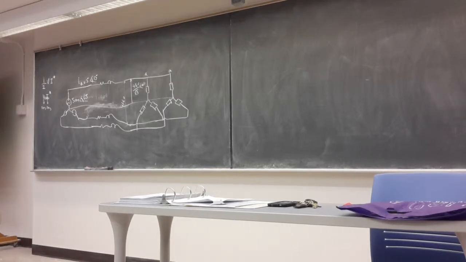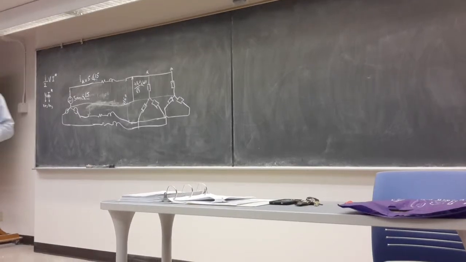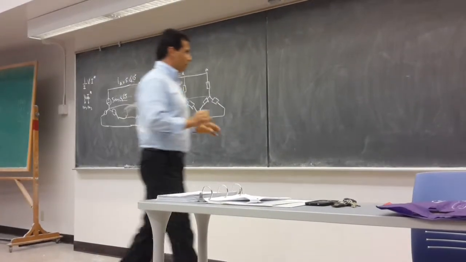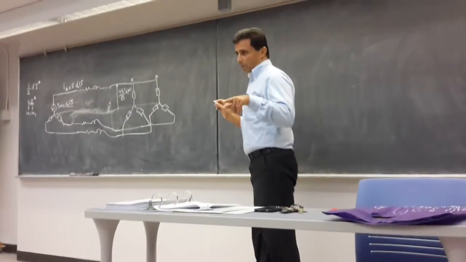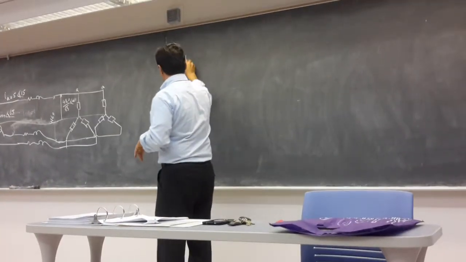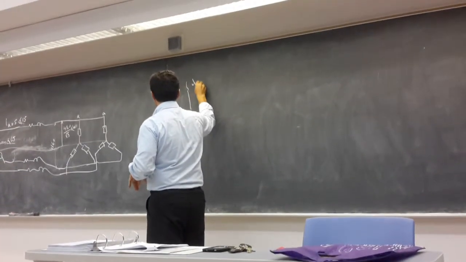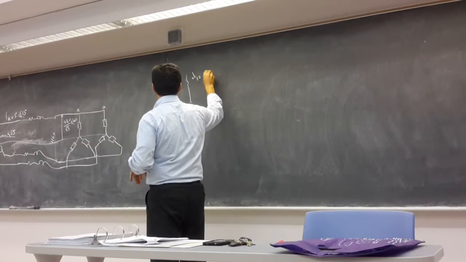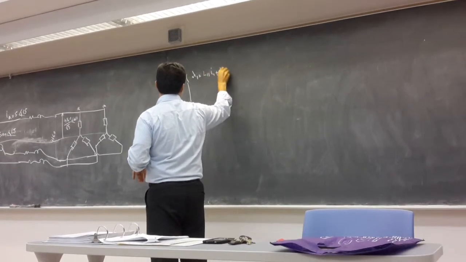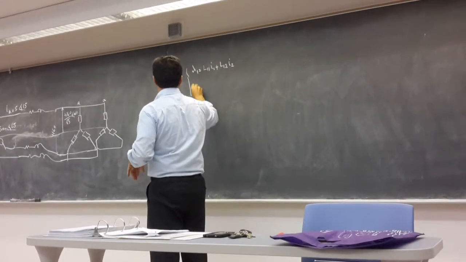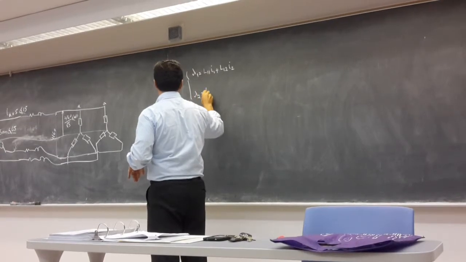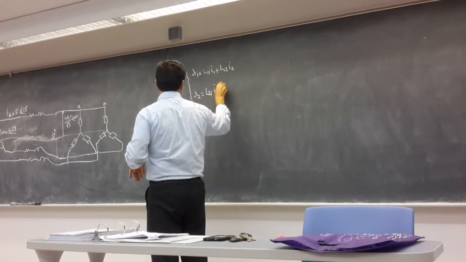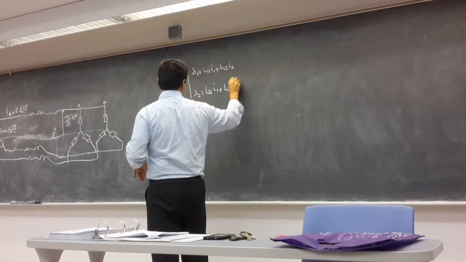But what I want to tell you, we talked about the self-inductance and mutual inductance and those kind of things, because you have one problem in your homework to calculate. For example, for a 2-winding system, we say lambda 1 is L11 I1 plus L12 I2, and lambda 2 was L21 I1 plus L22 I2.